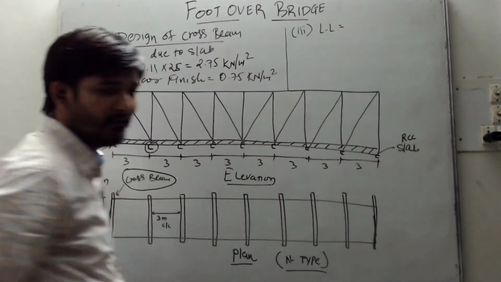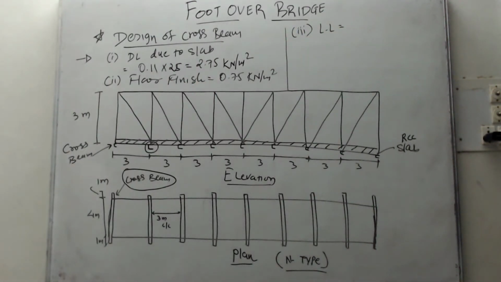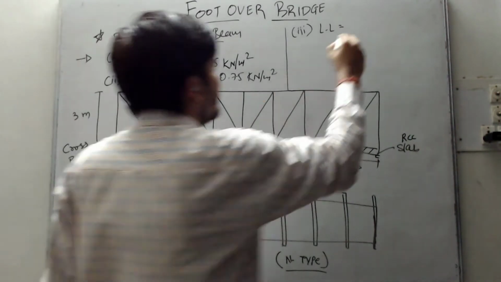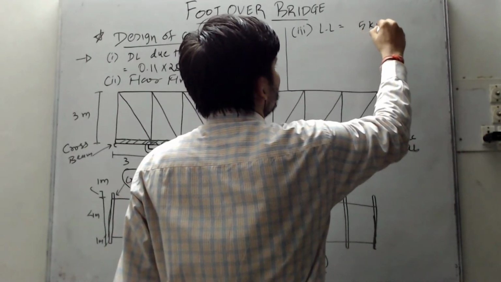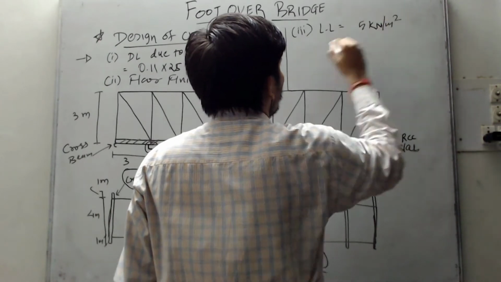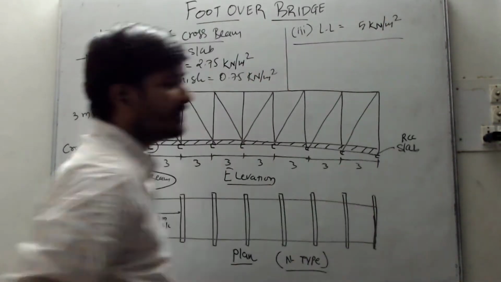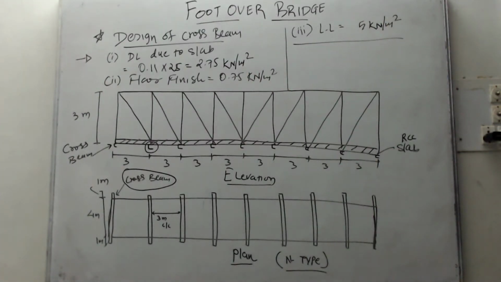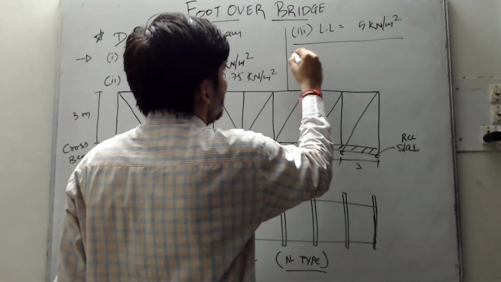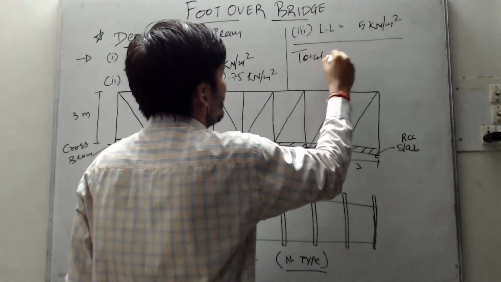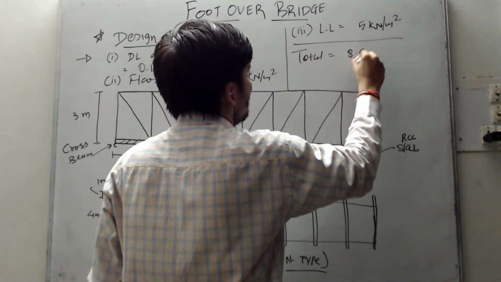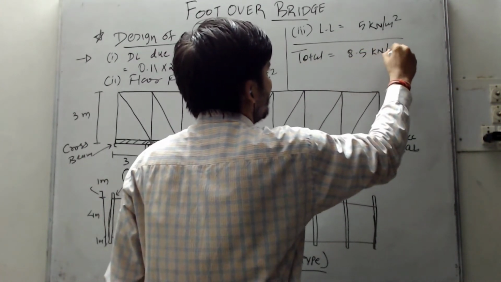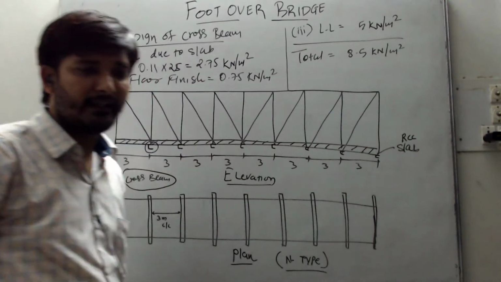Live load is given as 5 kilonewton per meter square, right? So these are the three loads that are acting on my beam. If you make the summation of all these three, I get total as 8.5 kilonewton per meter square. So this much load is acting on my cross beams, right?